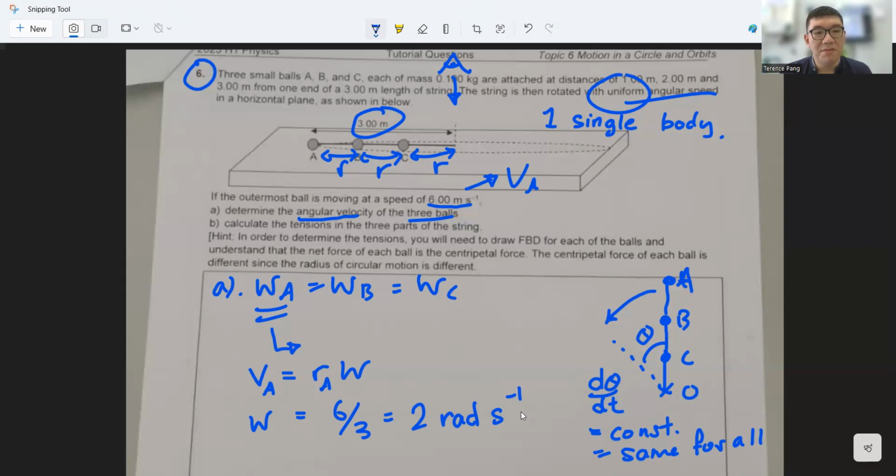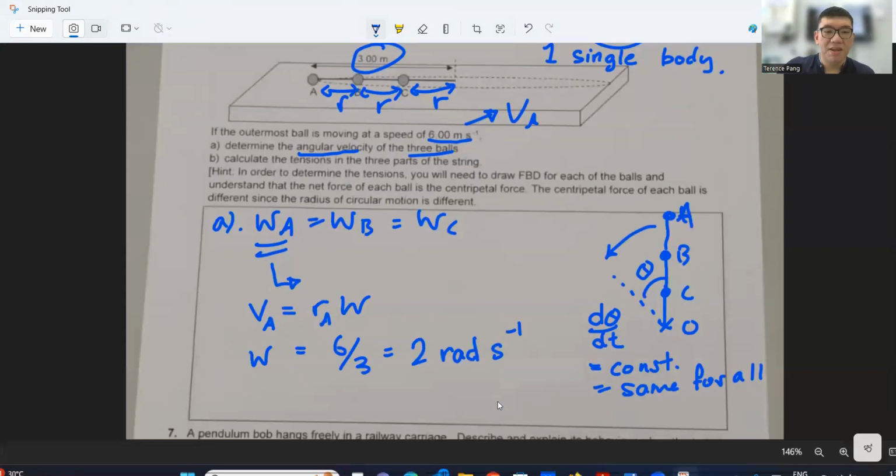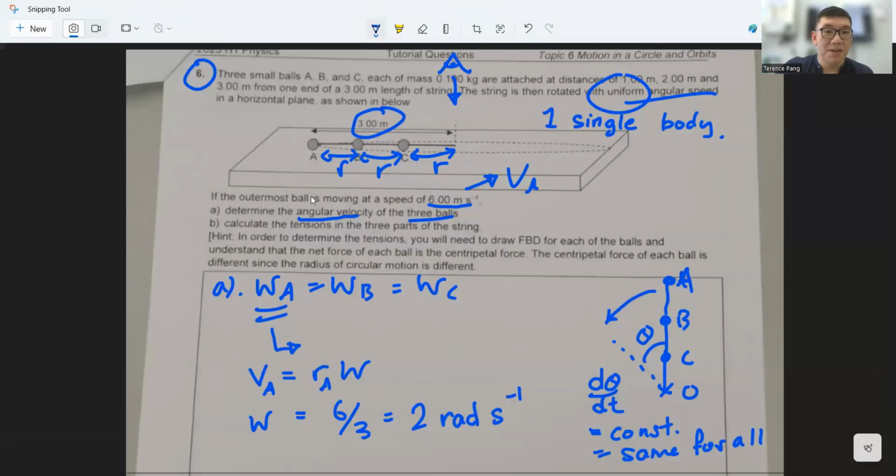Now B is going to be a bit complicated. Okay? So how do you solve for B? I'm going to erase the solution for A first, so I have more space.